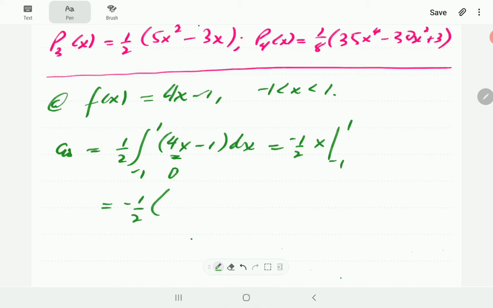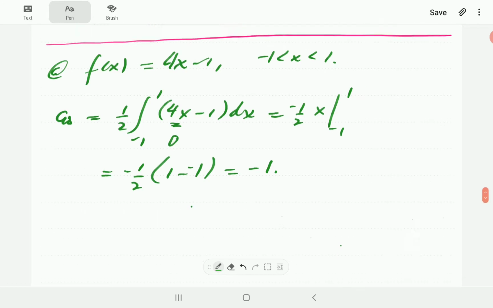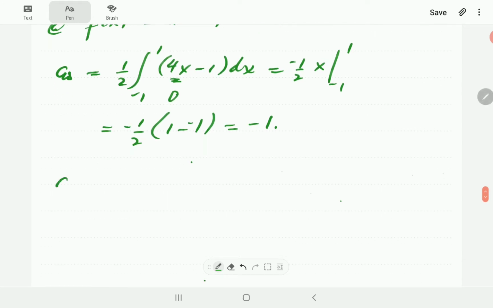So it's going to be negative 1/2 times 1 minus negative 1, which is going to be negative 1. So that's a naught.